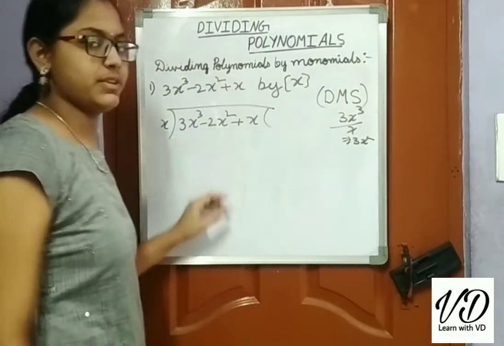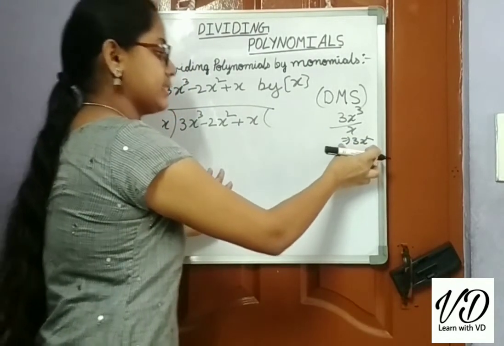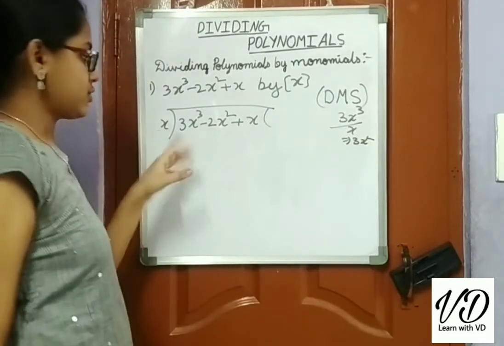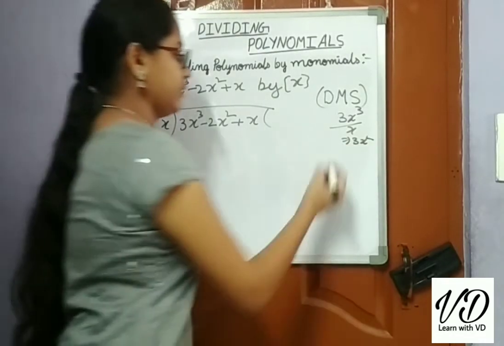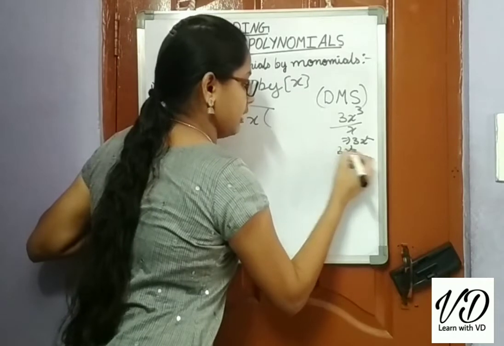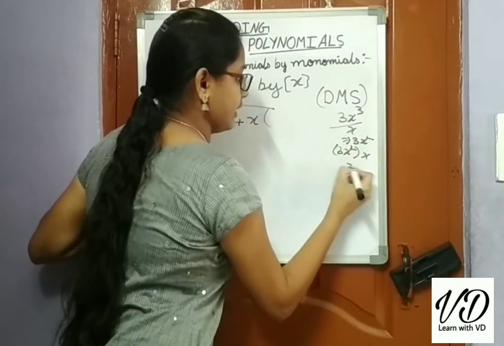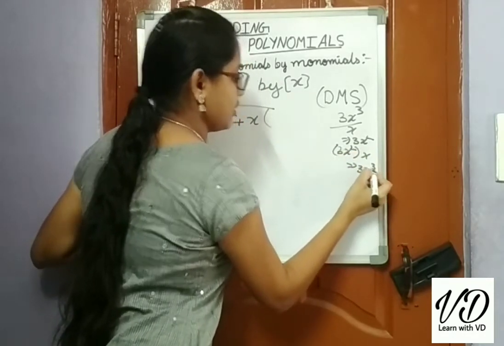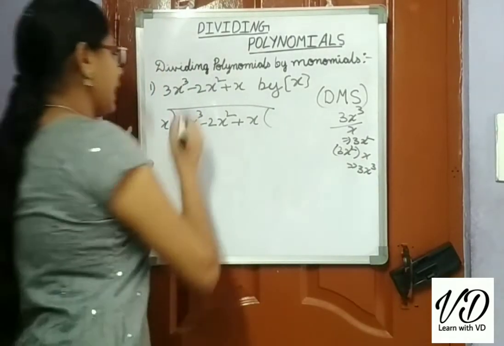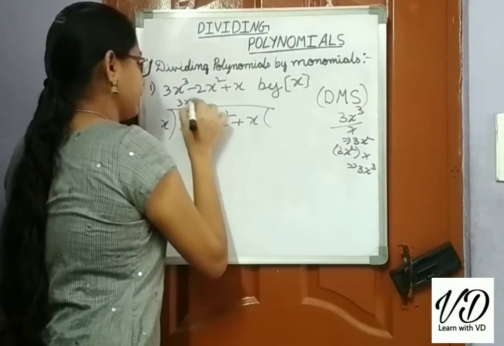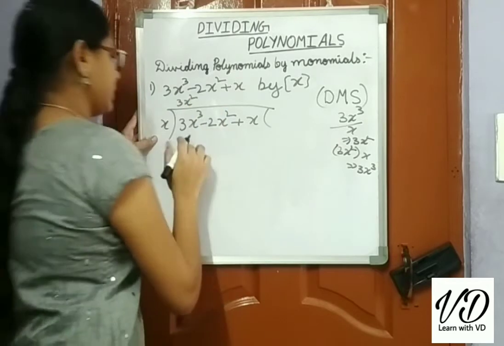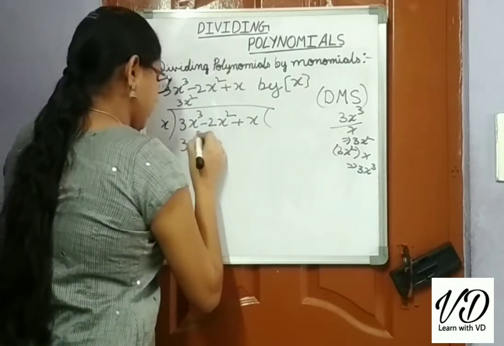Now, M stands for multiplying this term with our divisor, so we get 3x square into x, which is 3x cube.